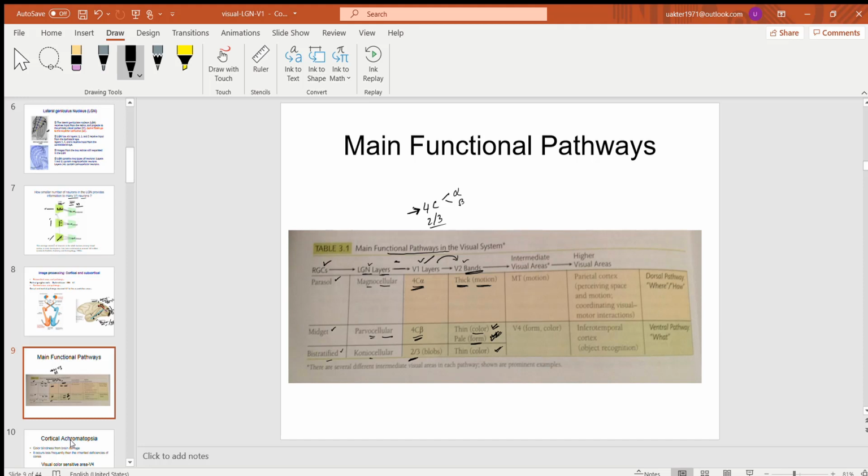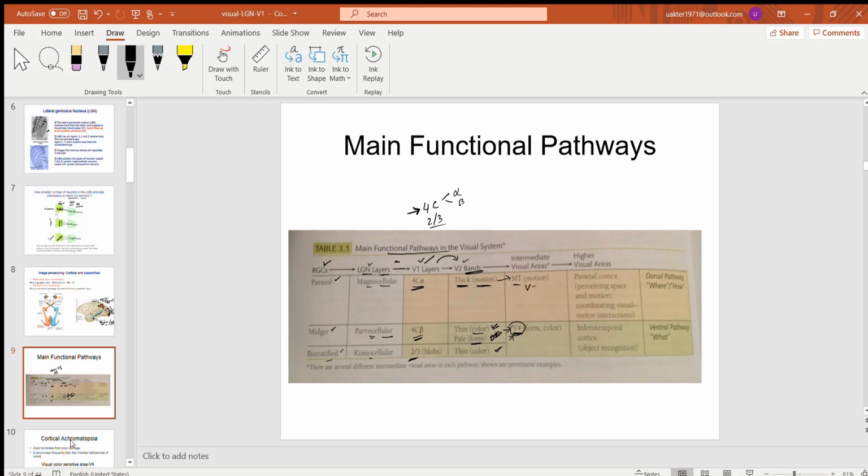and those signals are sent to V4. So from V2, signal from thin and pale bands, that means color and form information, are sent to V4. Okay, and from thick bands, the motion information is sent to MT, the middle temporal area, which is similar to V5 in human.